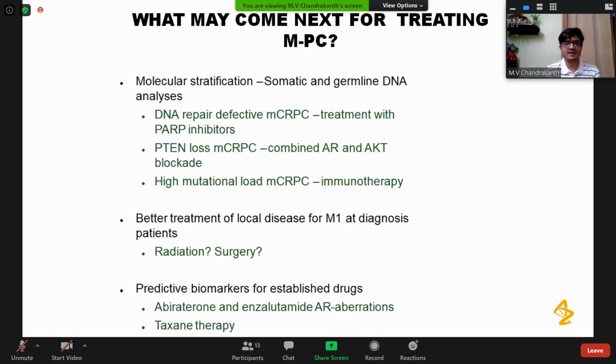So basically, what happens in a BRCA mutation is that the DNA repair is defective. Normally, whenever there is double-stranded DNA damage during cell multiplication, it is repaired by BRCA. So when the BRCA gene is deficient, this double-stranded DNA repair doesn't happen.